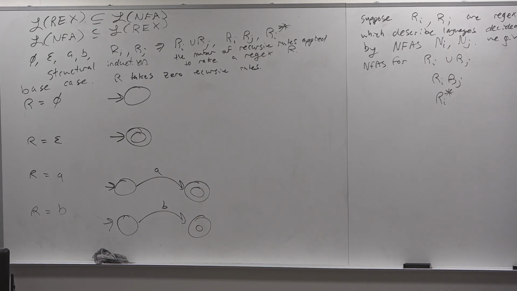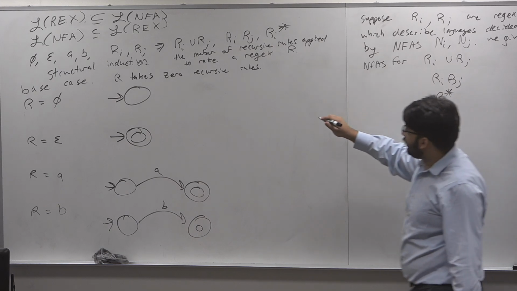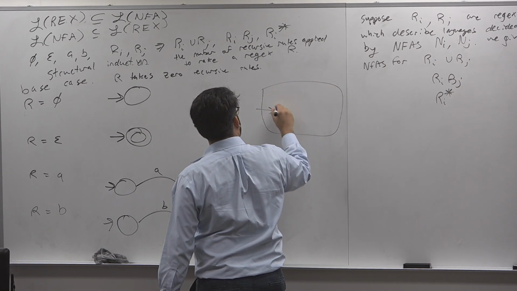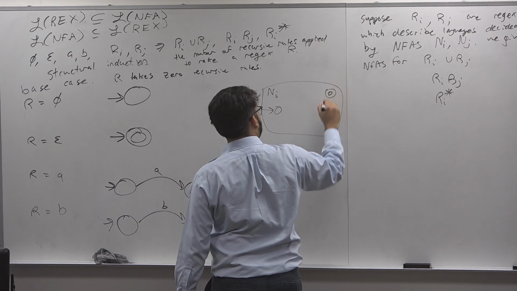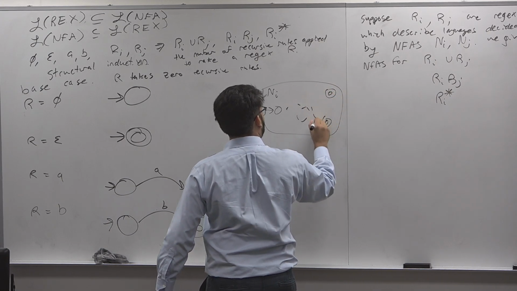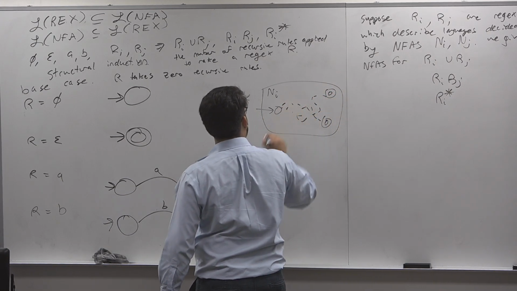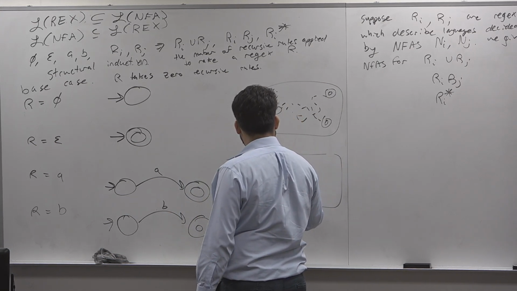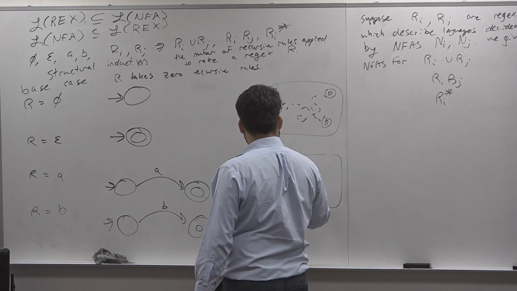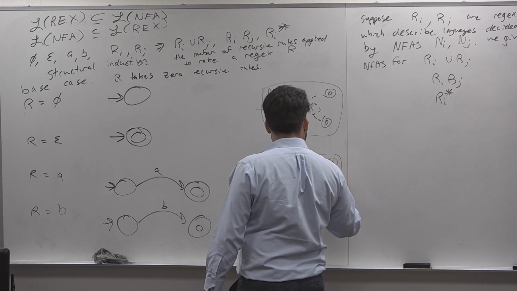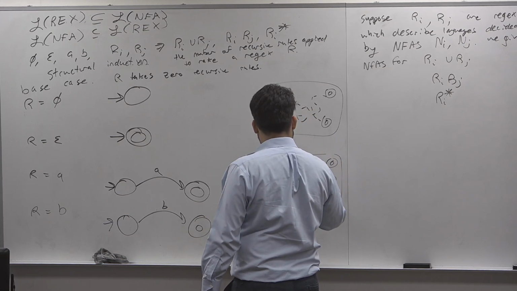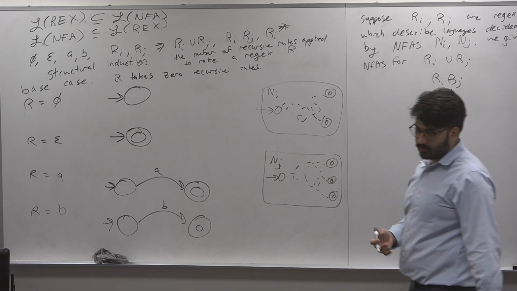Now this proof by induction is in fact highly graphical. Suppose we have an NFA Ni and an NFA Nj. Okay, something like that. We have two NFAs.